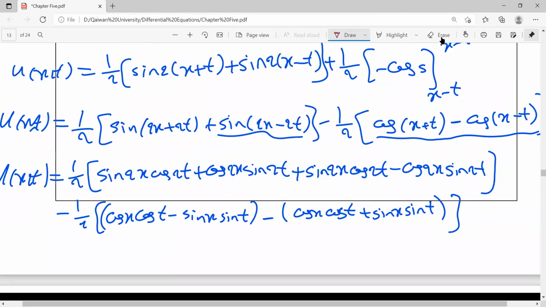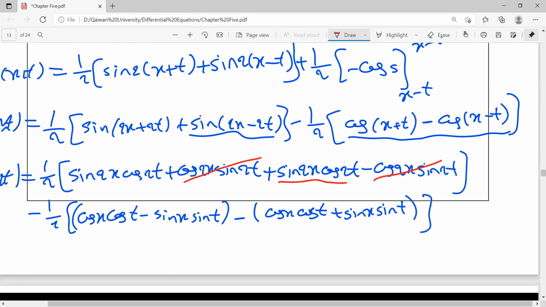So now we are going to simplify this. As you see here, this bracket with this bracket are going to cancel out. So you get 2 times sine 2x cosine 2t, and this 2 cancels with the half. We get u of x,t equals sine 2x cosine 2t.